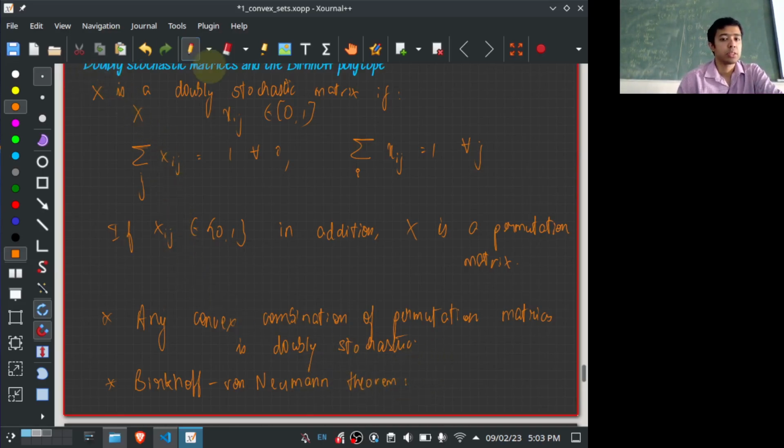The set of all doubly stochastic matrices is a polytope, and it's called the Birkhoff polytope. This theorem says that the Birkhoff polytope is basically the convex hull of the set of all permutation matrices.